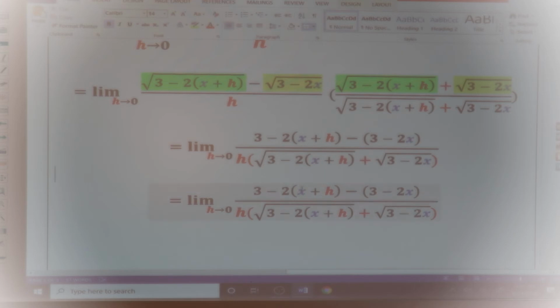Okay, what's going to happen here? We don't need this. You see this? It's going to be 3 minus 2x, I'm going to do it in 2 steps, and what we have? Minus h. Why minus h? Because of the negative 2h actually.